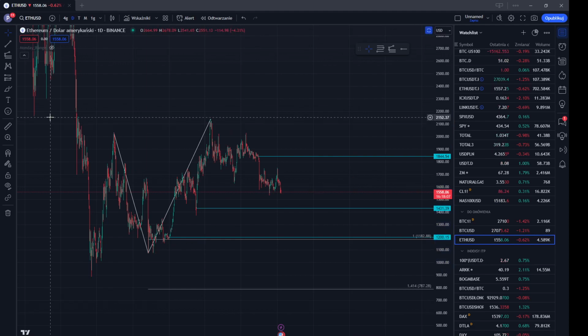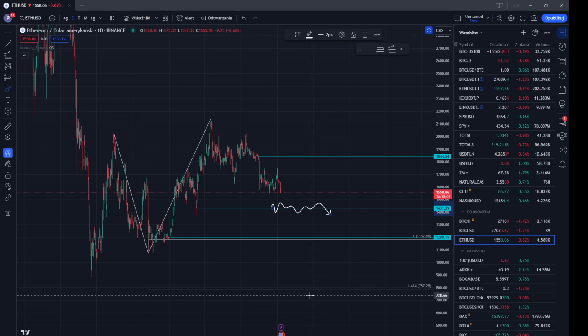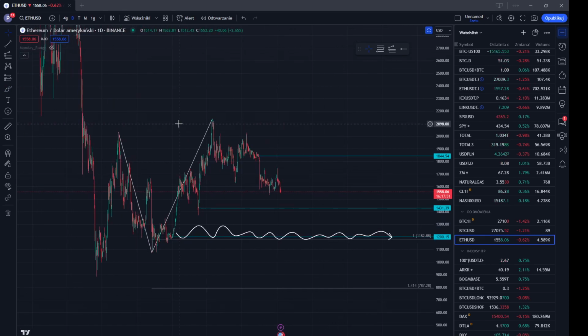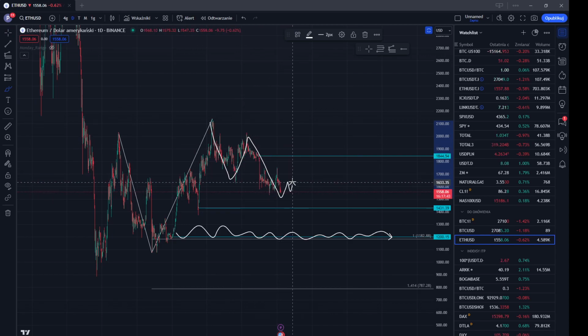So two supports here, first one here, but I'm not sure, to be honest. I would want to see this low taken out and then grab the liquidity from here. What would be the structure then? 1, 2, maybe 3.